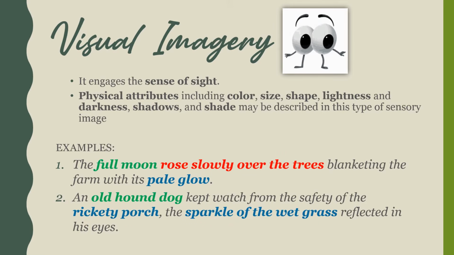Sparkle of the wet grass describes the condition of the environment. So in this sentence, the old hound dog is carefully guarding a house in a garden, and it probably just rained because of the wet grass. Again, these words help the reader imagine what the scenario looks like. That is visual imagery.